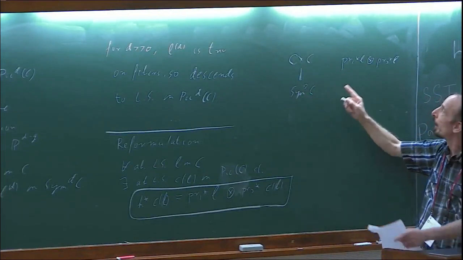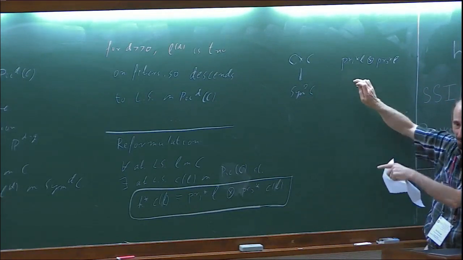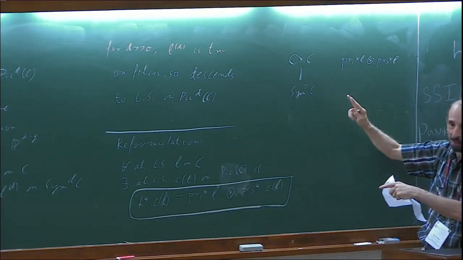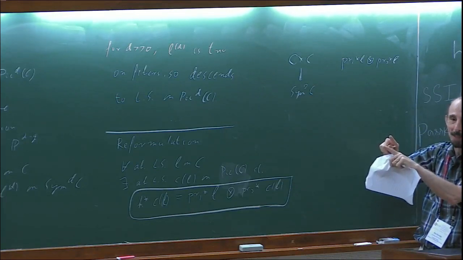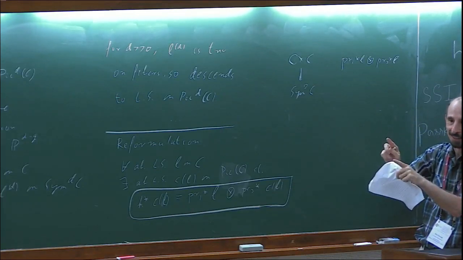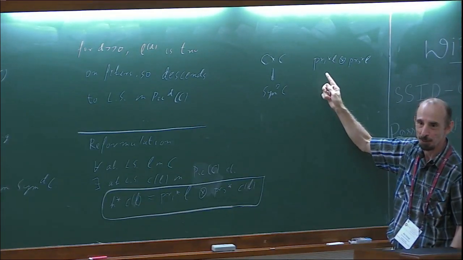Well, sure. There's a natural isomorphism from this to what you get by switching them. A tensor B is the same as B tensor A. But on fixed points, this map may be the identity and may not be the identity. In the case that L is a line, it will always be the identity. You don't have to worry about it.